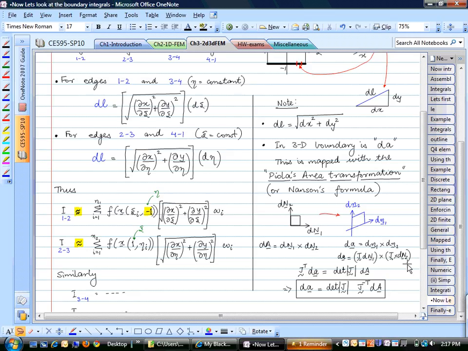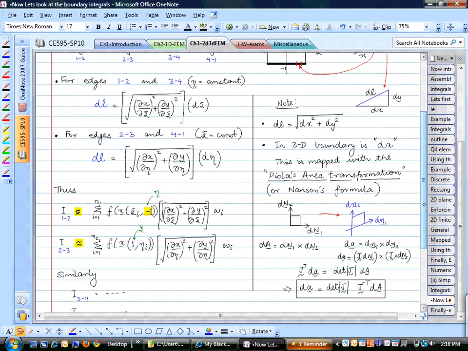So dn2 is j times dn2, and if you pre-multiply this entire equation by j transpose, what you get is j transpose times dA, and the right hand side can be written in terms of determinant of j. So this is a 2-step derivation of how to use this Piola transformation, or Nanson's formula, that relates the area change as things deform.